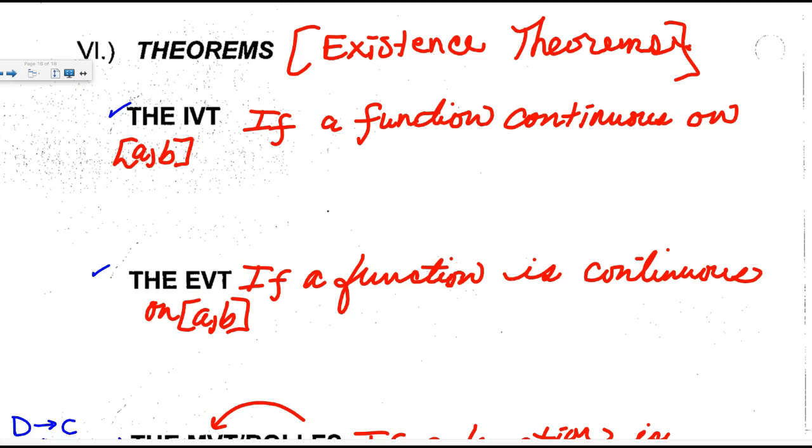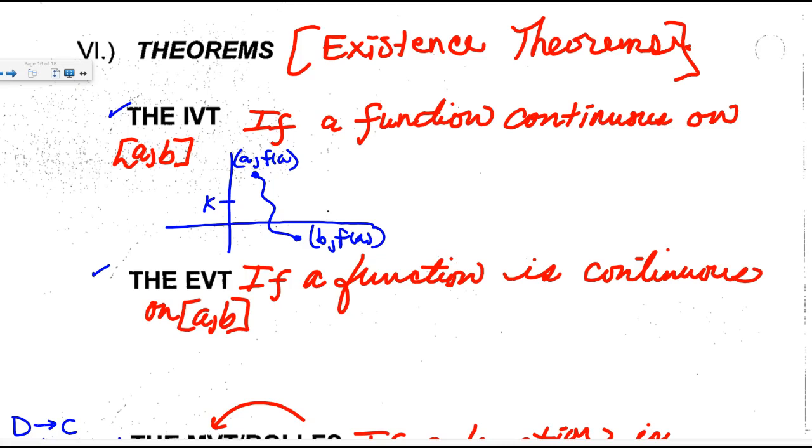What the IVT states graphically is that as long as I am continuous on some closed interval from (a, f(a)) to (b, f(b)), I can have a cusp, but as long as I don't lift my pencil, I must hit every y value on the way.